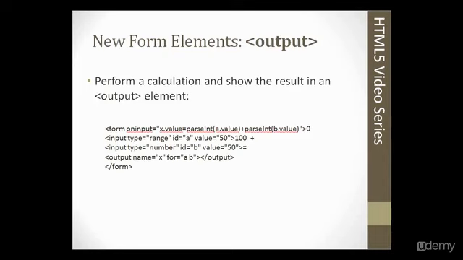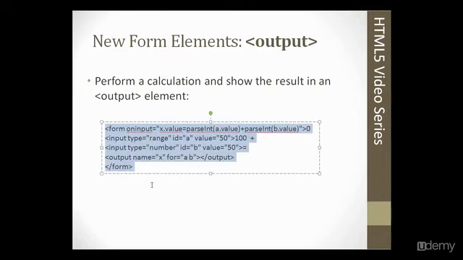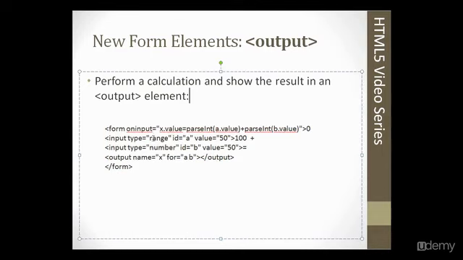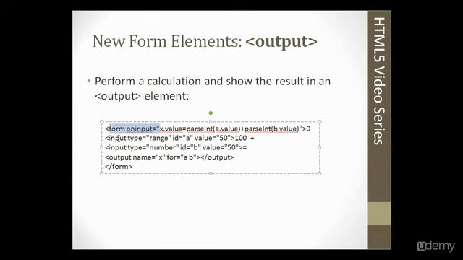And the next thing we have is the output tag, which performs a calculation and shows the result in an output element. And here we have an example of that. It's a little complex. We have the oninput attribute with a little bit of JavaScript, and we provide the range.